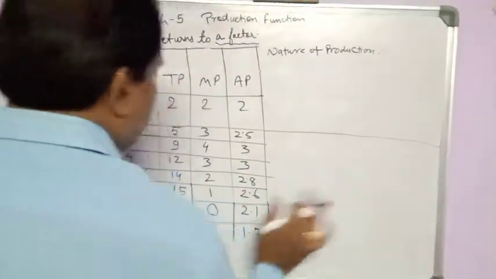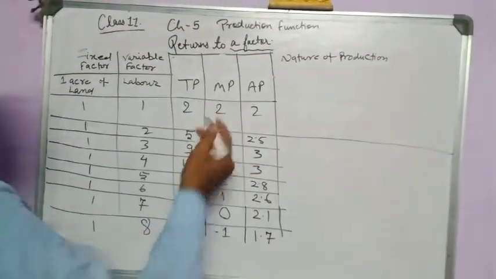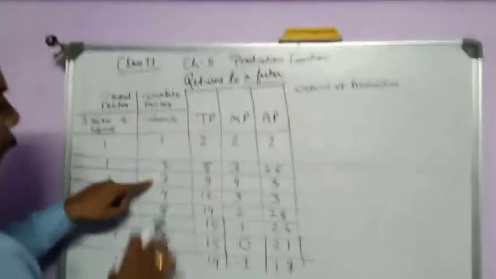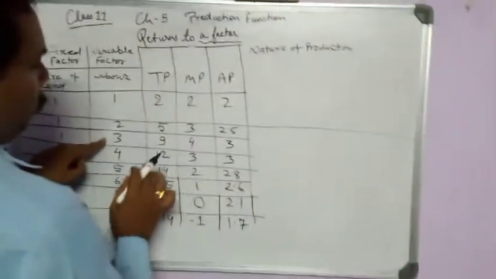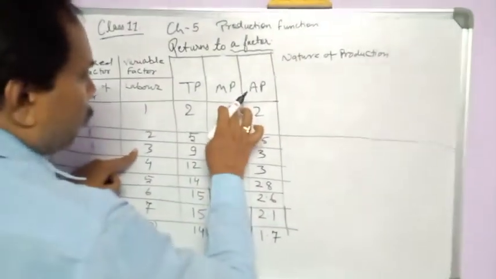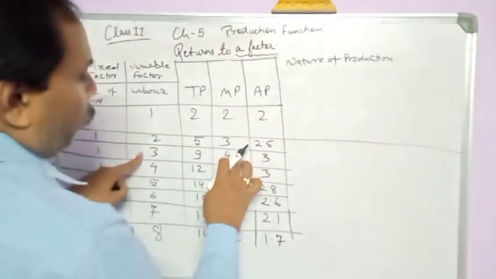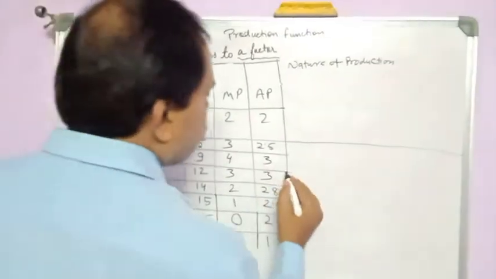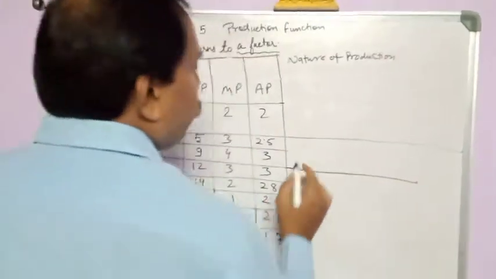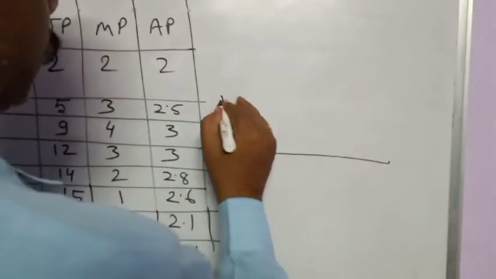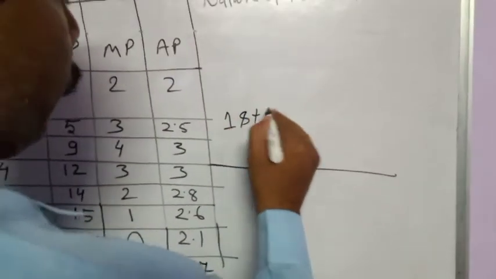Here we find that up to the third unit, the marginal production is continuously rising: 2, 3, 4. Okay, so this is known as the first phase.